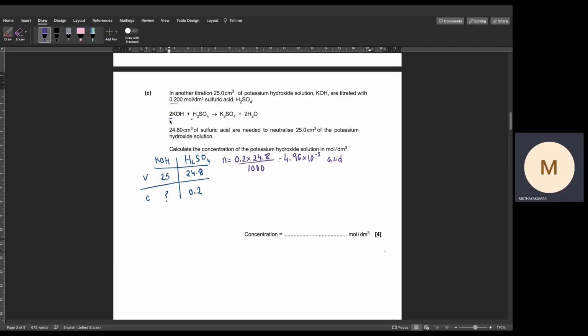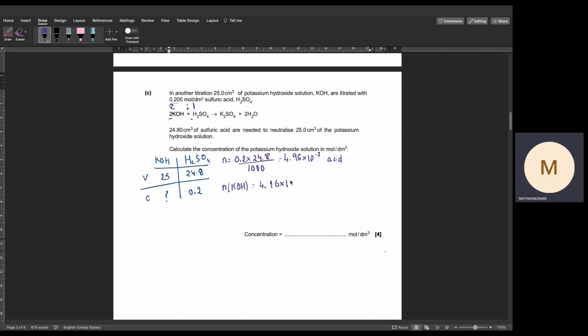We can see that the molar ratio is 2 to 1. So if we have 1 mole of acid, we require 2 moles of KOH. In this question, we have used 4.96 times 10 to the minus 3 moles of acid, which means the moles of KOH will be this value multiplied by 2.